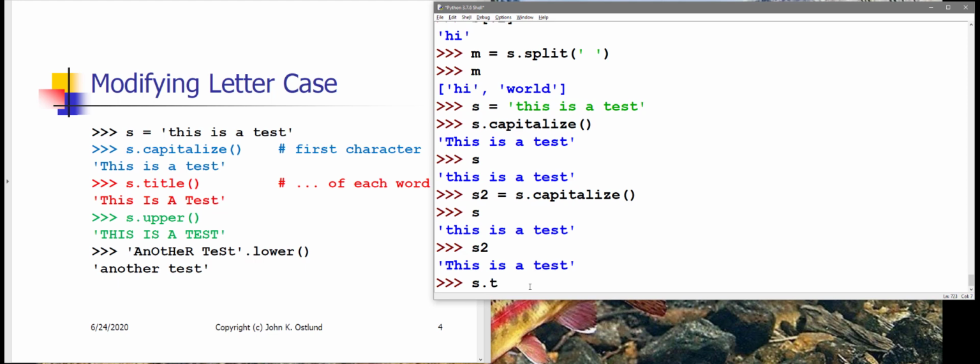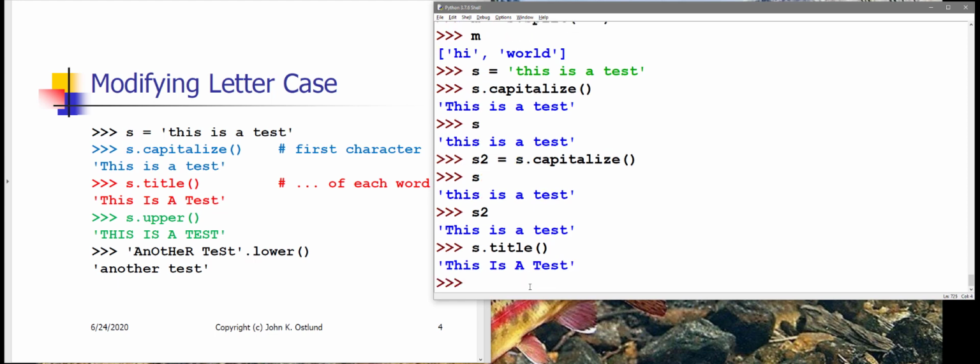This next one, S.title, I'm not sure in real life how often this is used, but what it does is to take a copy of S and to return S with the first character in each word made uppercase. So you can think of that as being like the title for a chapter or a book or an email or something.